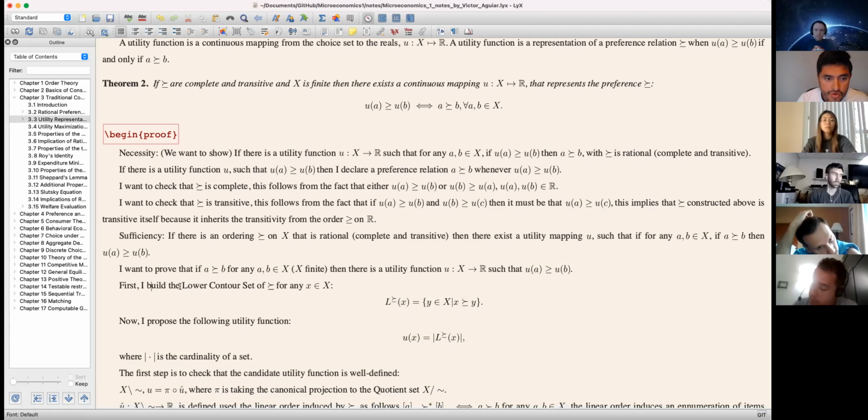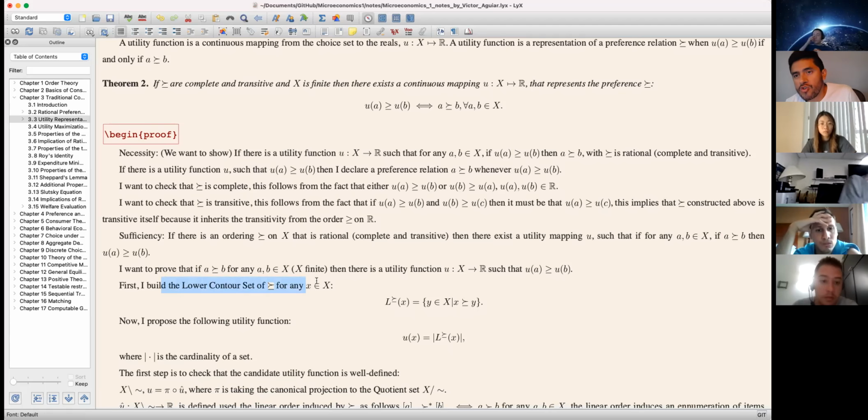First, I'm going to define an object that is called the lower contour set. Microeconomists sometimes are good at naming stuff, sometimes they are not great at naming stuff. This lower contour set is kind of a weird name, but we use it. I think a lot of the mathematicians that came into micro when this thing was being developed were French, and therefore you get some of the naming.